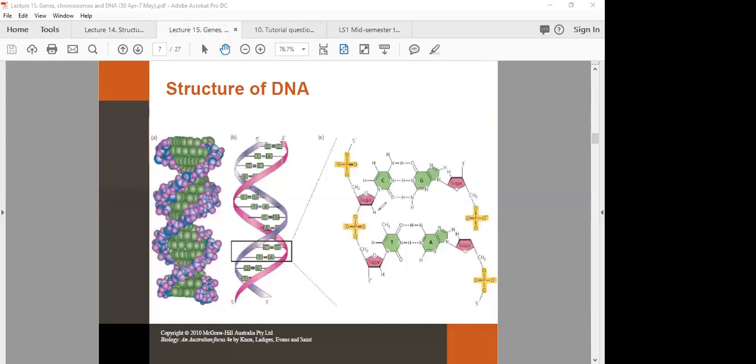All right, now remember that we said that the carbons on the sugar are numbered from 1' through to 5'. Here's the 5' carbon, which attaches to the phosphate. So we refer to this as the 5' phosphate. That means that this end of the chain of nucleotides is referred to as the 5' end. And if we look at the other end of that chain of nucleotides, we can see the 3' hydroxyl.